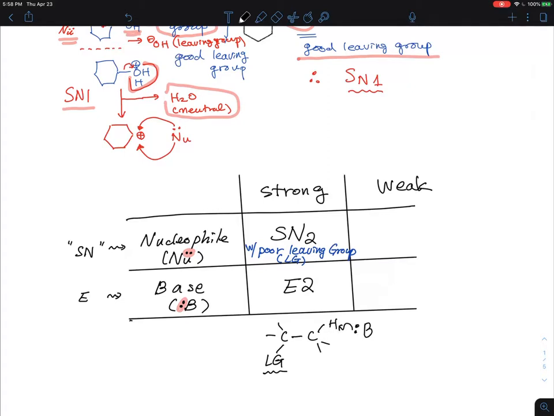This causes the double bond formation, and the leaving group leaves. That's the E2 mechanism, a series of reactions happening at once.